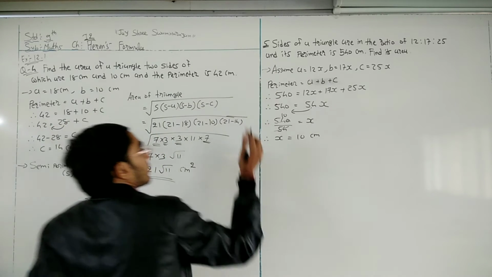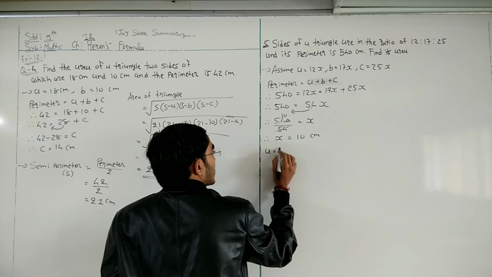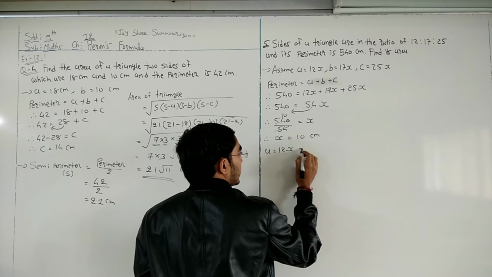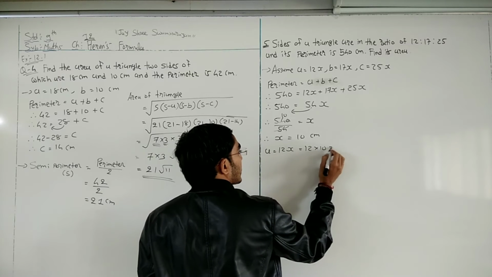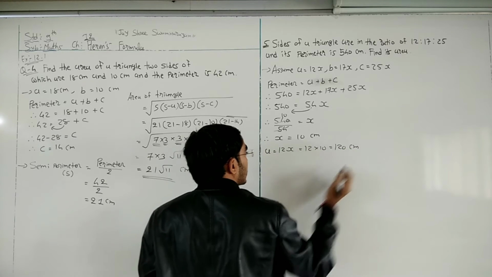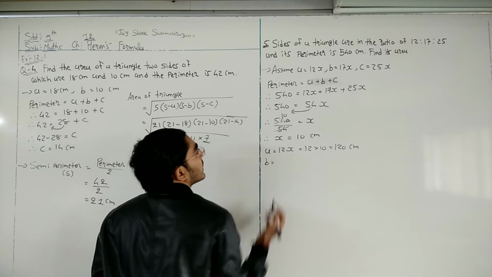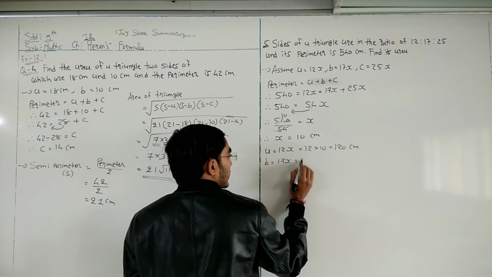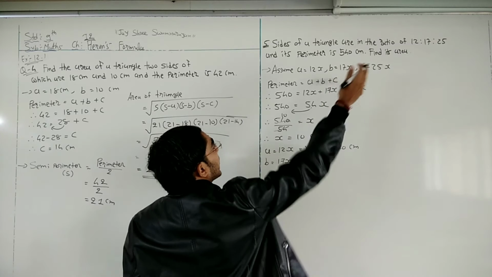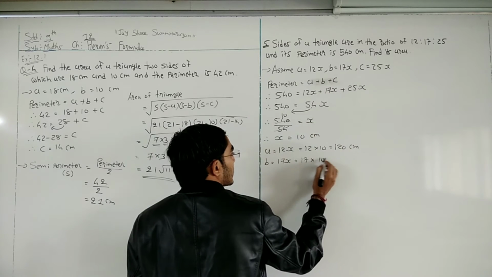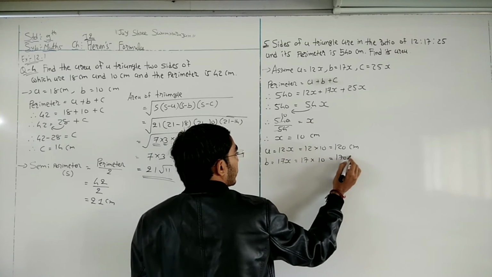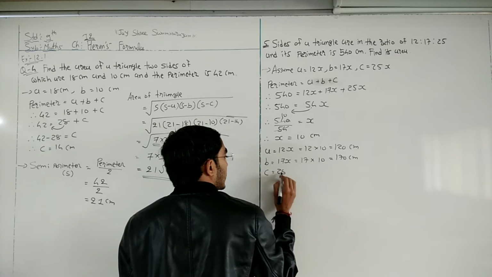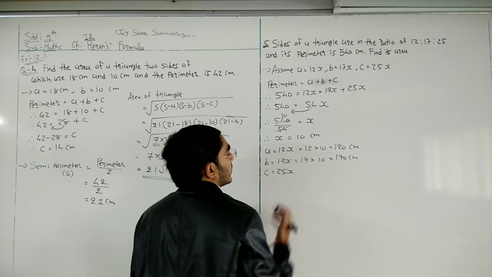Okay. So first of all, our A is 12x. 12 multiplied by 10, 120 centimeter. Then our B, 17x. 17 multiplied by x, x is 10. So it is 170 centimeter, and then C, 25x.